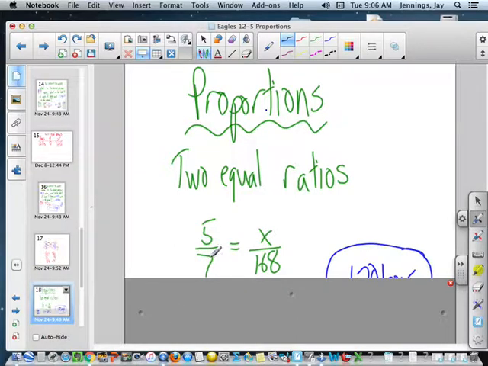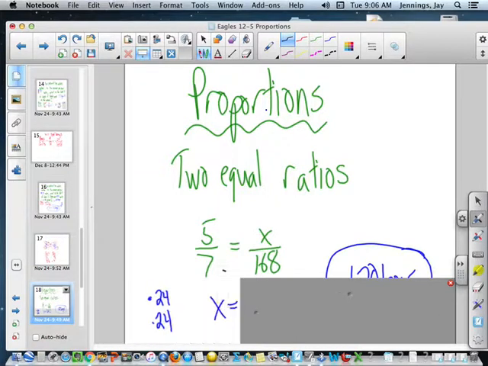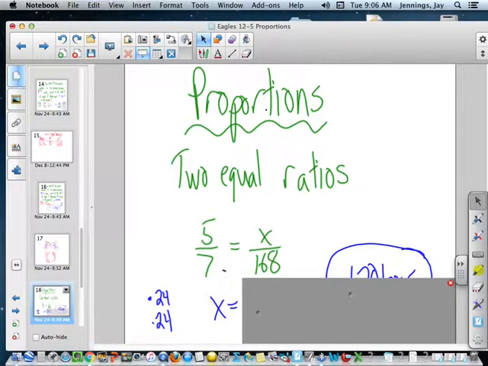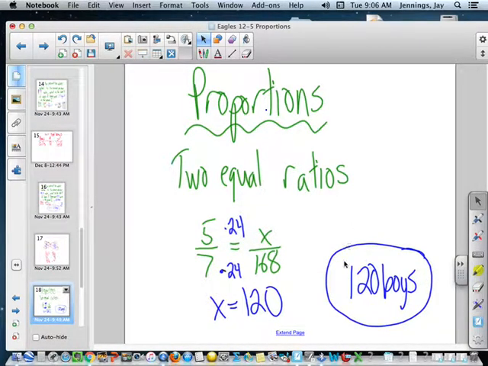Try to ask yourself how you get from this over to here, and you would multiply by that same number. In this case, we'd multiply by, I believe it's 24. So if we multiply the denominator by 24, we have to multiply the numerator by 24. And so if we do that, we get x equals 120 and then answer the question. In this case, it would be 120 boys.